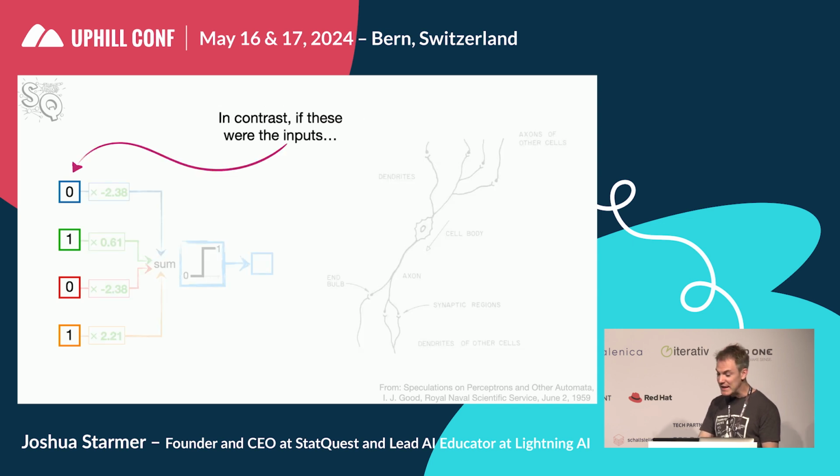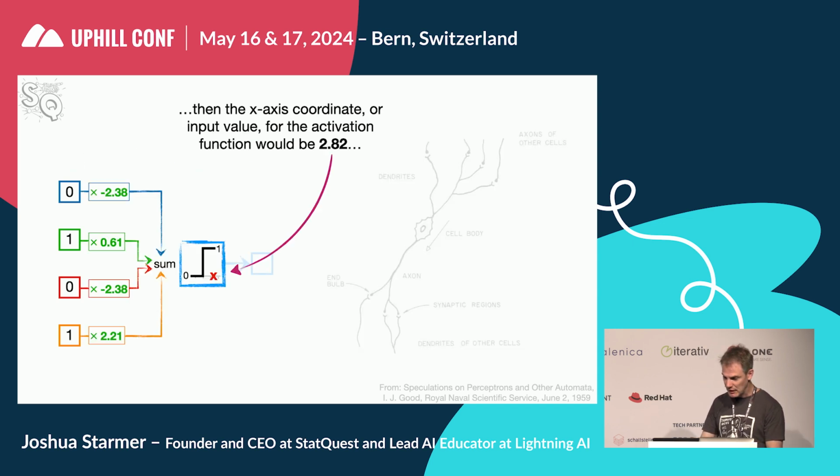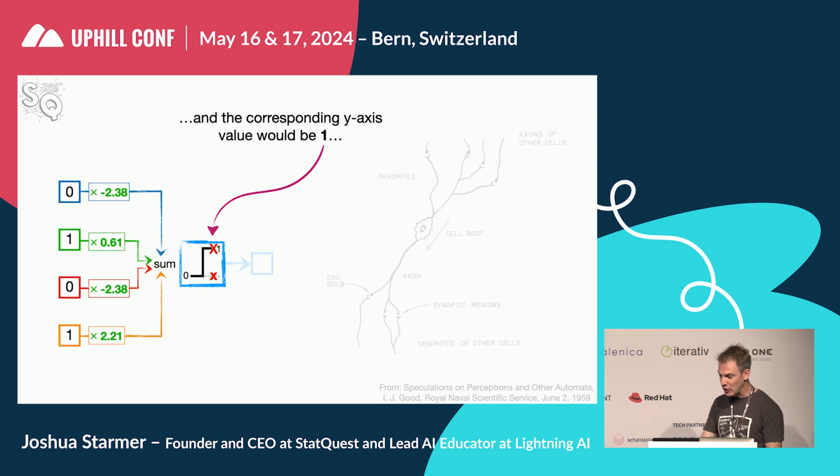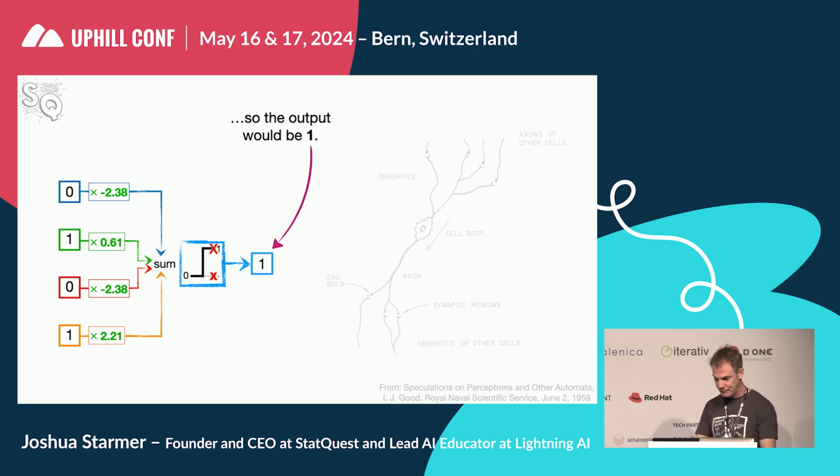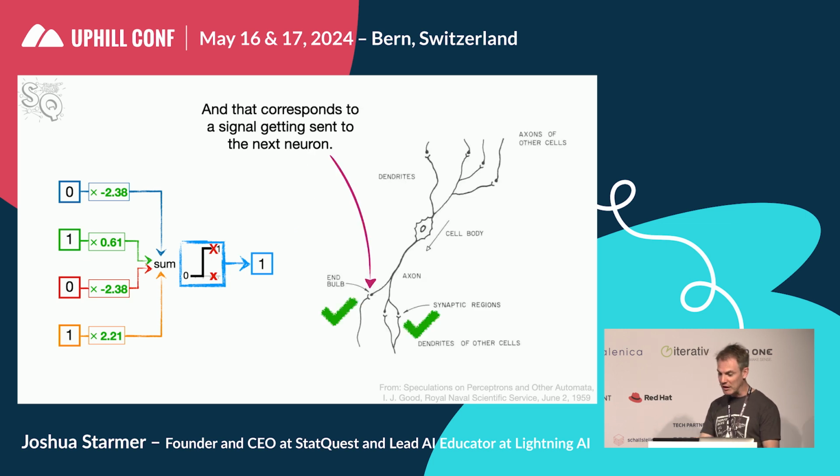In contrast, if these were the inputs, then the x-axis coordinate, or input value for the activation function, would be 2.28, and the corresponding y-axis value would be 1. So the output would be 1. And that corresponds to a signal getting sent to the next neuron.